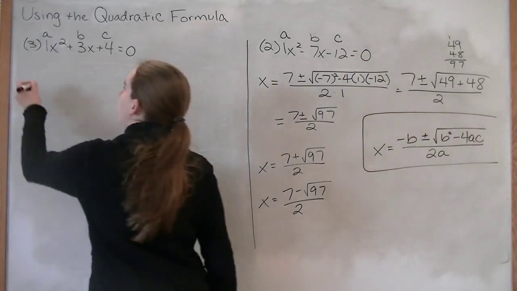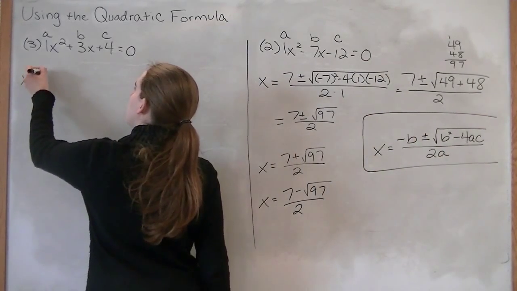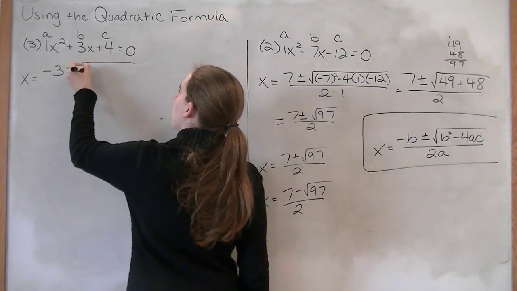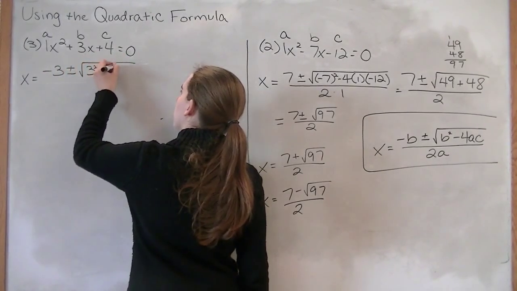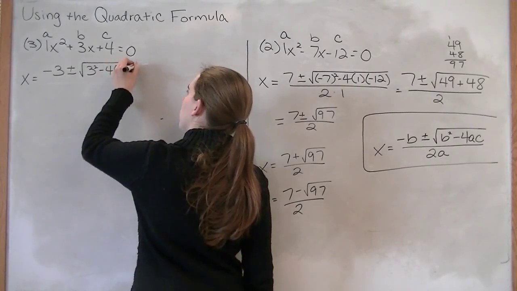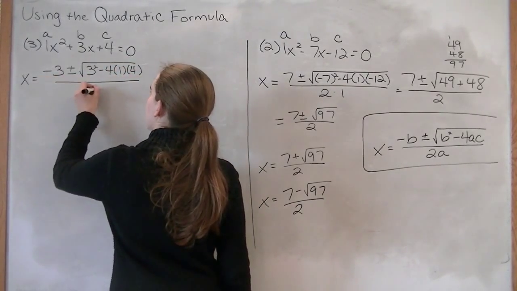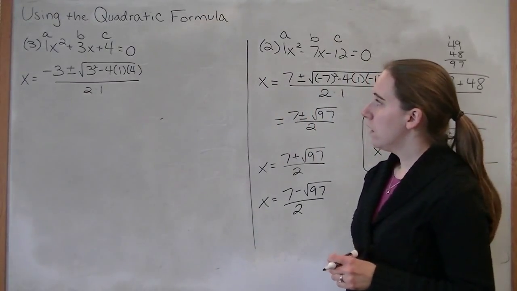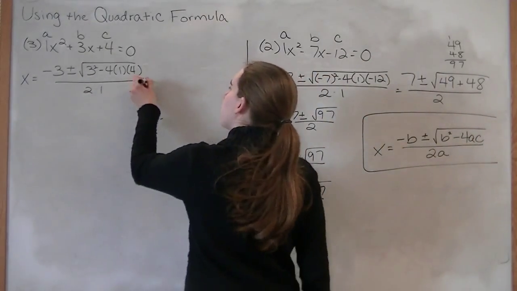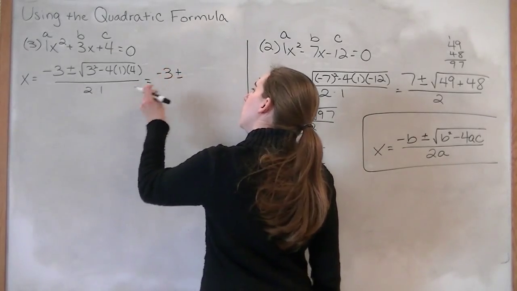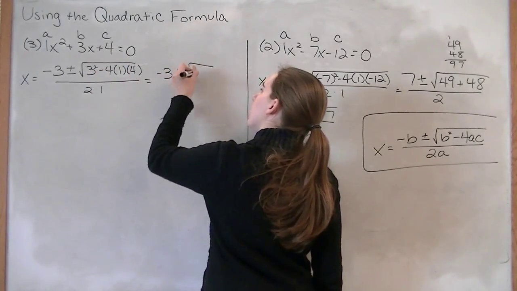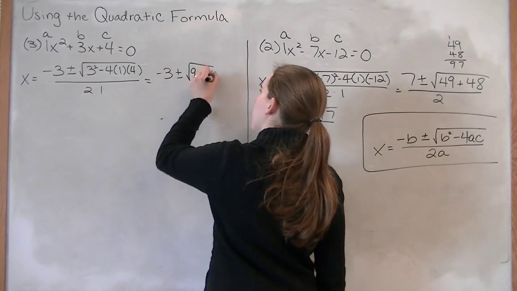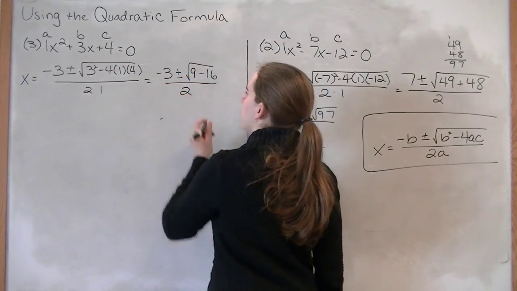So let's go ahead. x equals the opposite of b plus or minus the square root of b squared minus 4ac all over 2a. Okay, let's go further and simplify. So I get 3 squared is 9, then I have minus 4 times 1 times 4, so minus 16, all over 2.